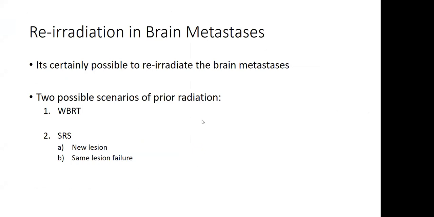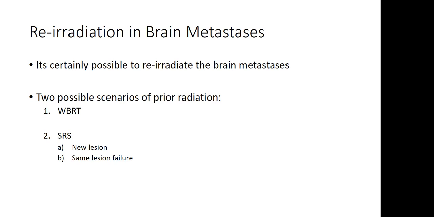Whenever we are talking about re-radiation in brain metastasis, certainly it is possible, and quite often we do it. Whenever a patient comes to you for radiation, there are possibly two scenarios only. Either that patient may have received a whole brain radiation or already had an SRS.